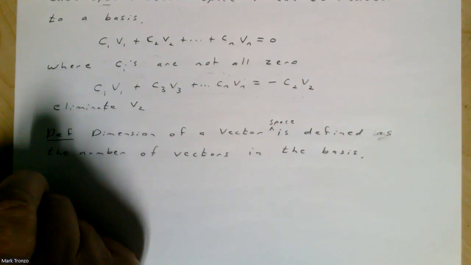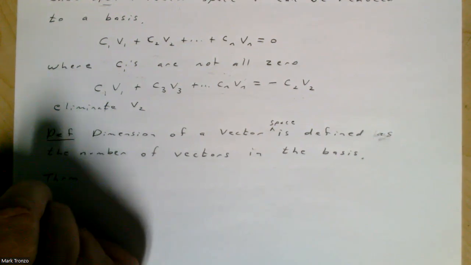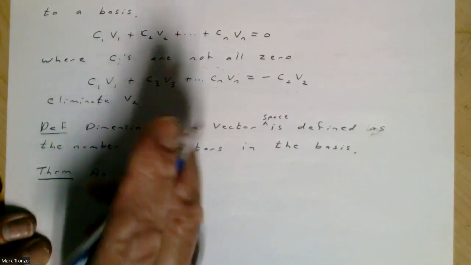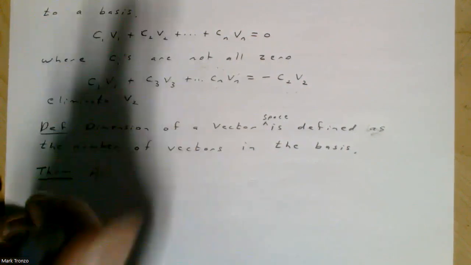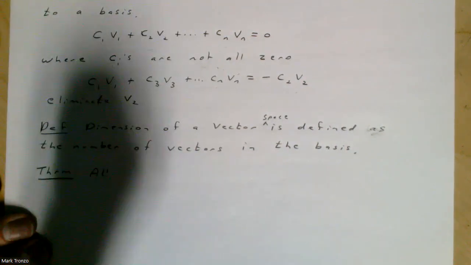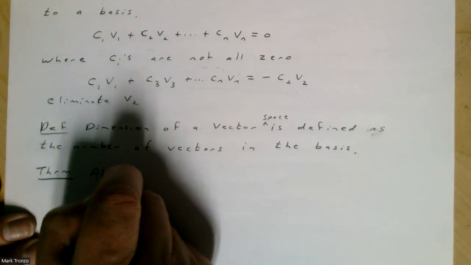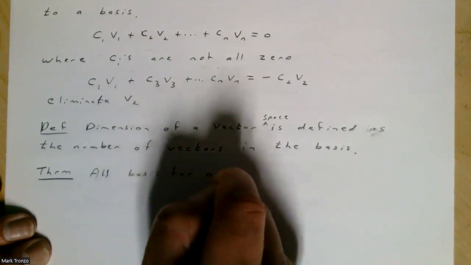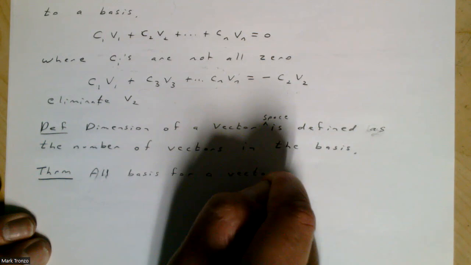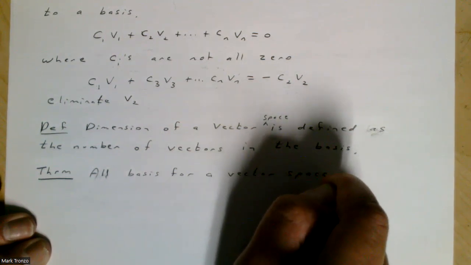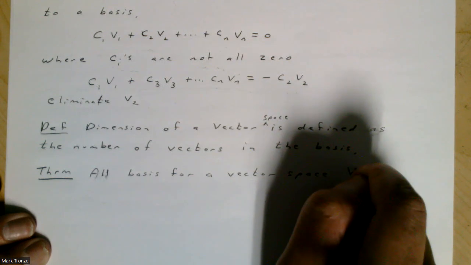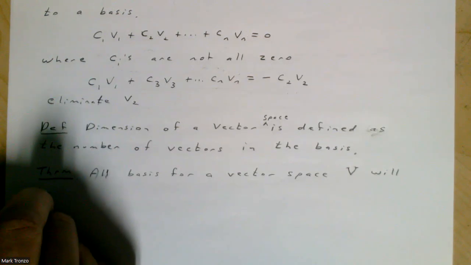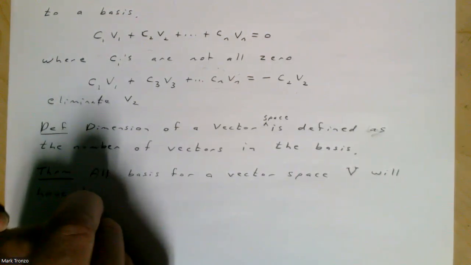And again, I'll put down a theorem that we'll prove later on: any basis, let's say all bases for a vector space, will have the same number of vectors.